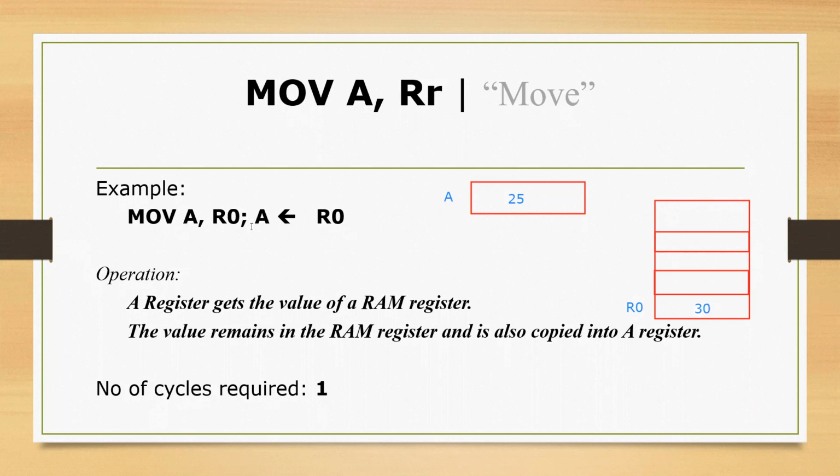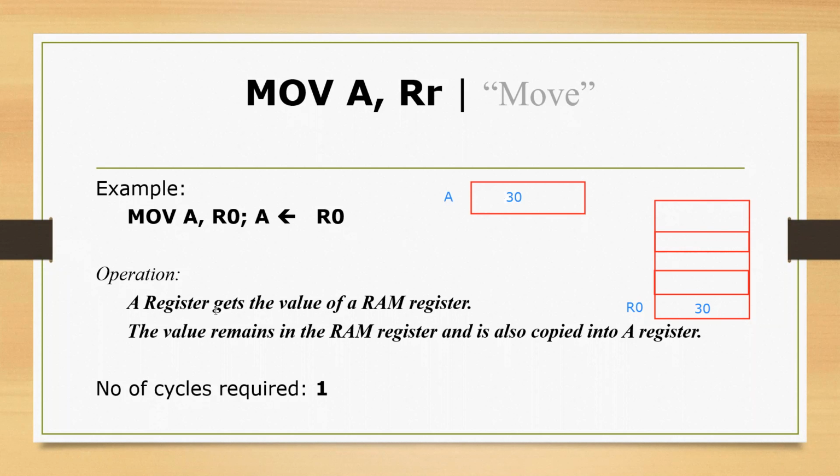Move A comma R0 means A is the destination and R0 is the source. So the value 30 will be copied to the register A. The accumulator register will get the new value, 30 hex, after executing this instruction.